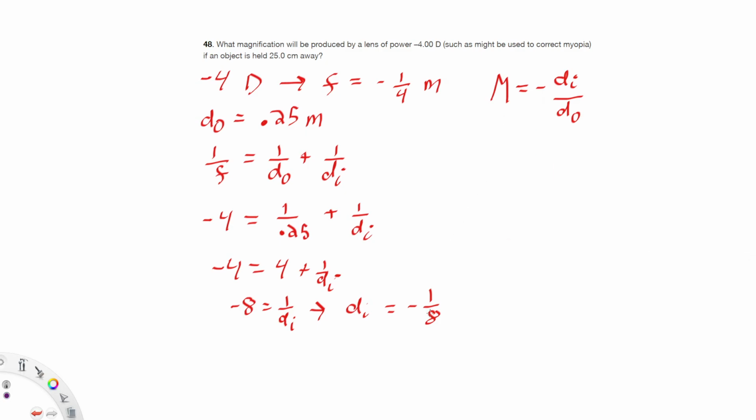And now we can take that and put it in our magnification expression. So negative of -1/8 over positive 1/4. So the negative signs cancel, so we get positive, and 1/8 over 1/4 is 1/2.